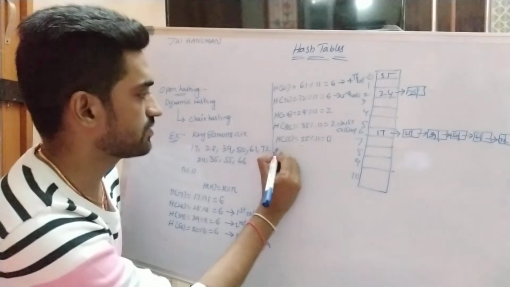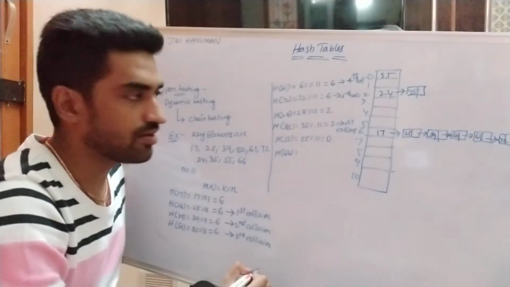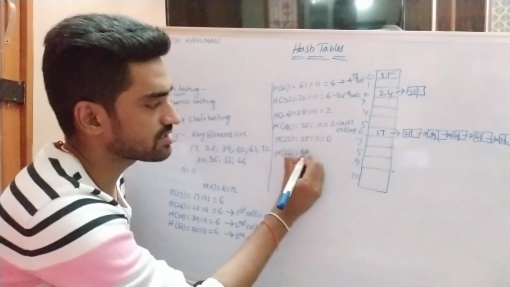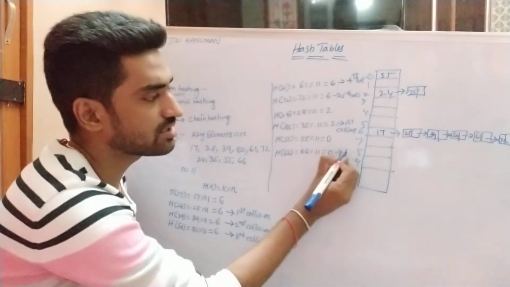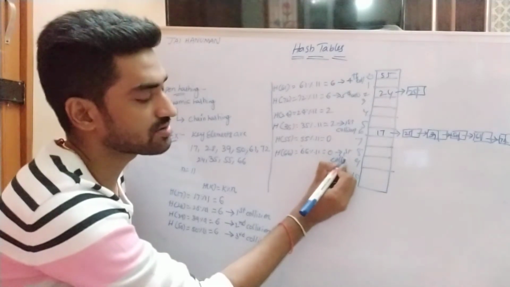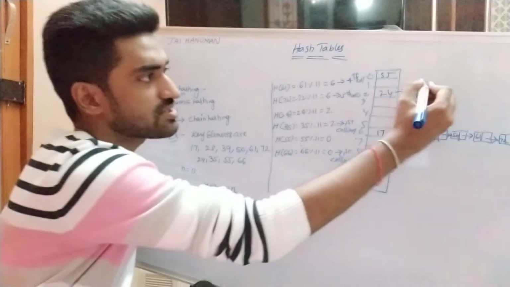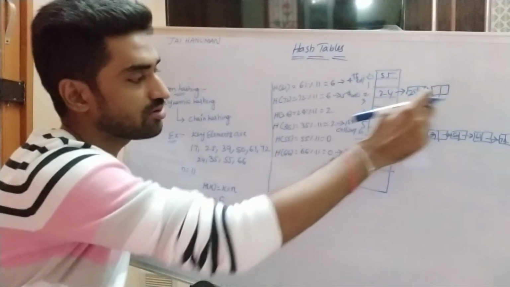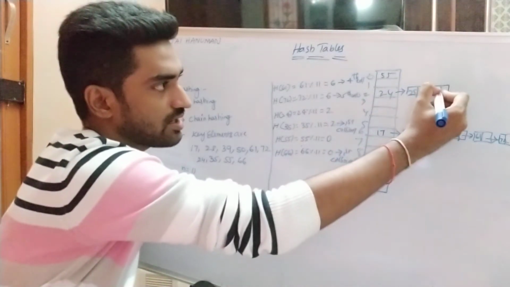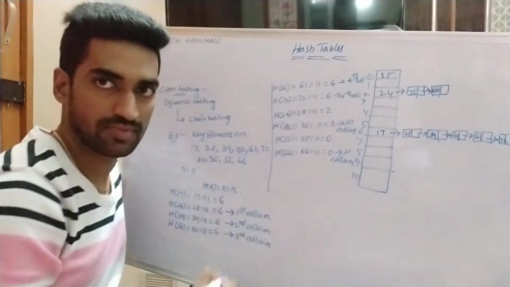H of 66. 11 sixes are 66. 66 modulo division of 11, 0. So first collision has occurred at 0th position. So that's why here I am using chain hashing mechanism. By using chain hashing mechanism, I am creating a linked list. So for that purpose, I am creating one node for 66. At this node, I am inserting 66, right?